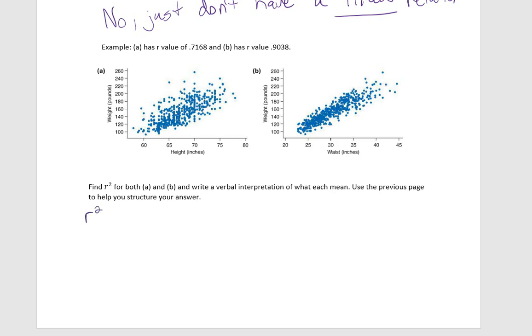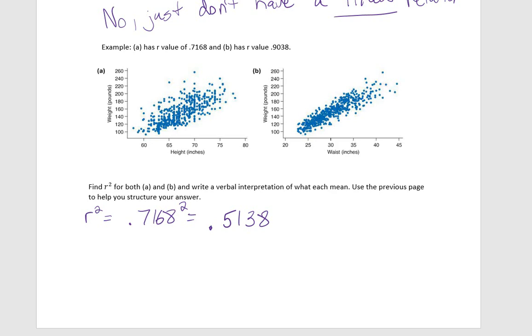So r squared would be 0.7168 squared, which is going to give us 0.5138.